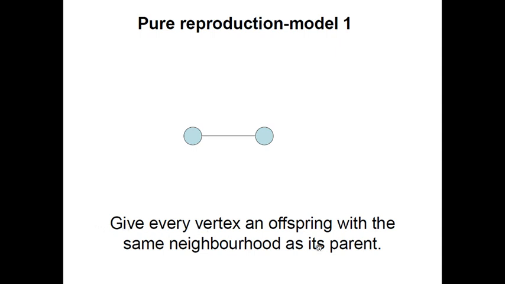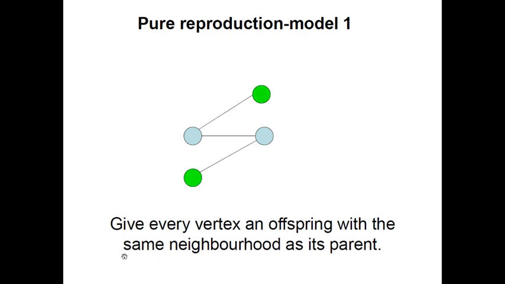Give every vertex an offspring with the same neighborhood as the parents. So let's apply this rule. This is the network we get. So what have we done here? Well, we've taken every vertex in our network and we've looked at what neighbors they have. The neighbors of a vertex are just the vertices it's linked to.